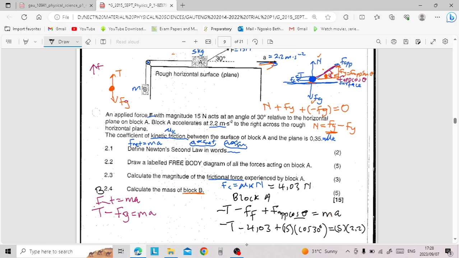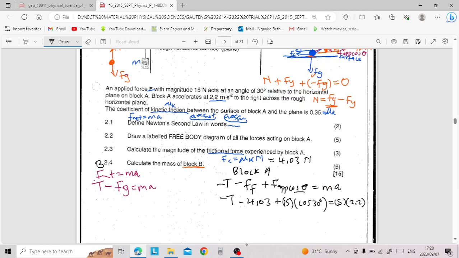We can have minus T equals 5 into 2.2 plus 4.03 minus 15 into cos 30 degrees.